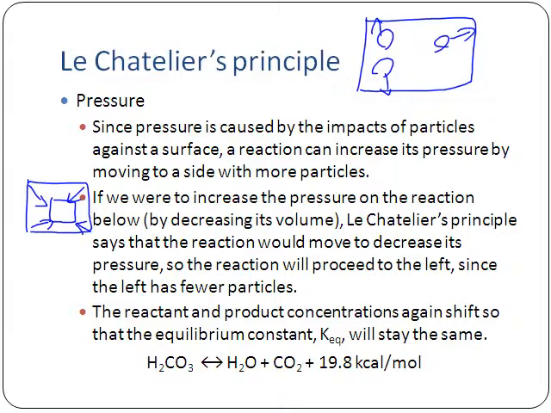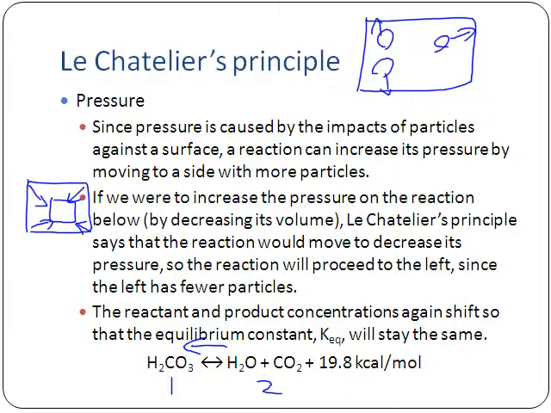So let's take a look at this. To decrease its pressure, we want to look at the number of particles on each side. On the left side, we have an H2CO3, that's one particle. On the right side, we have an H2O and a CO2, that's two particles. Since this reaction wants to undo our increase in pressure, it's going to move to the side that has fewer impacts, fewer particles, so it's going to move to the left.